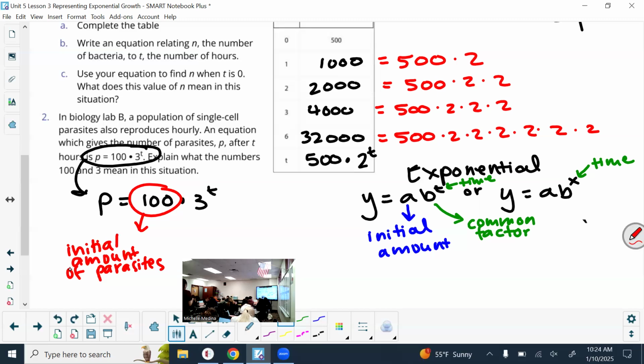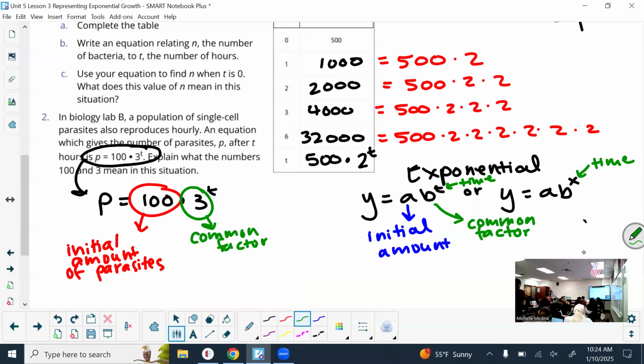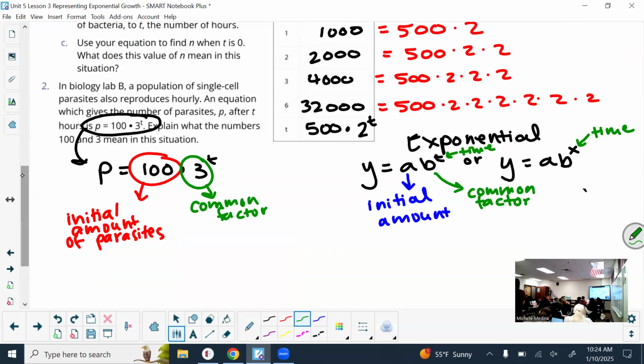All right, now what does that 3 mean in this situation? It's our common factor. So in simple terms, maybe people don't know what a factor is. How are these parasites growing? Are they doubling?